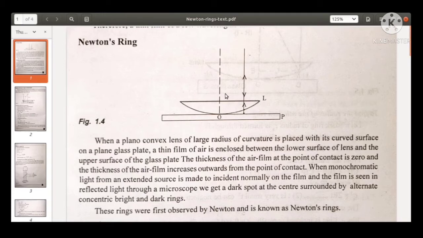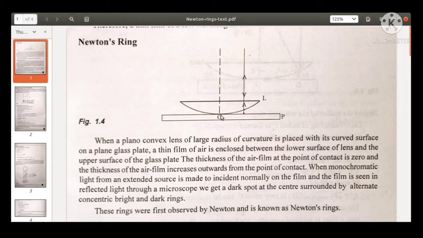So since the plano-convex lens is circular in shape, the thickness of the air film is varying along the radius of this circular shape, so that the bright and dark fringes will be circular in shape.